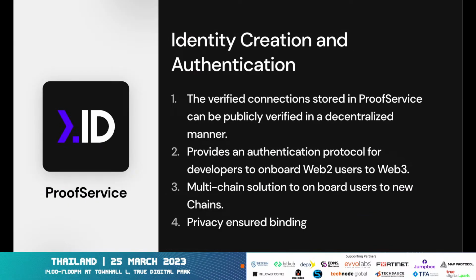By identity creation, it's publicly verified in a decentralized manner. And we want to make it easy for users to use, just like using Google authentication right now in Web 2, but it's infrastructure publicly verified in a decentralized manner, and definitely natively supports multi-chain solutions and privacy preserved.